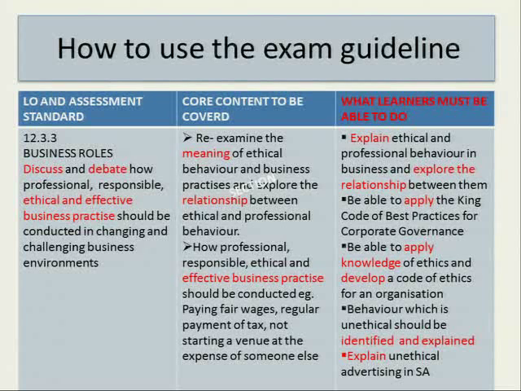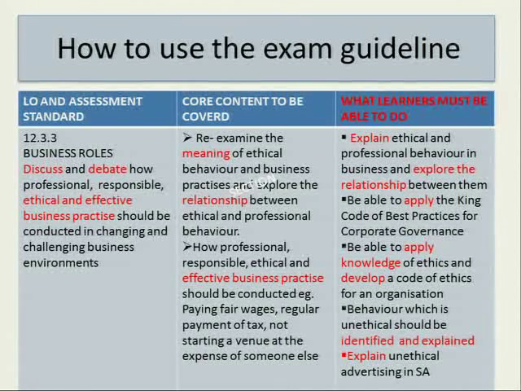You will also notice that some of the words were highlighted in red. Those are the action verbs that must be taken knowledge of. This also helps the learner to know what to do. If we look at that last column again, explain ethical behavior. That explains to the learner what to do. Explore the relationship between them.